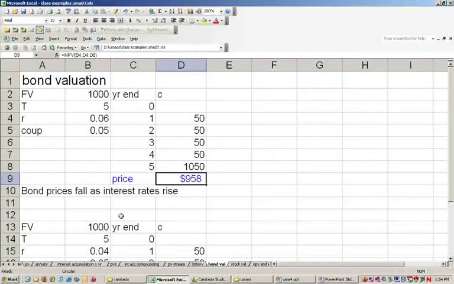Another interpretation, and a really key one, is that bond prices fall as interest rates rise. So if the Federal Reserve Board goes out in the market and does whatever it does to raise interest rates, lenders, that is bond buyers, will see a reduction in the price of the bonds that they hold.